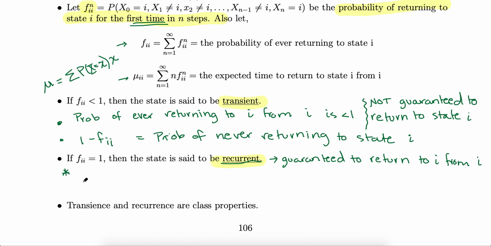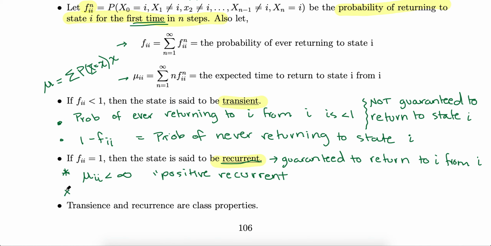First way is if mu I, the expected time to return to state I, is finite. In other words, we have a finite expected return time, and this is called positive recurrent. So we are guaranteed to return, and in fact, the expected return time is finite.